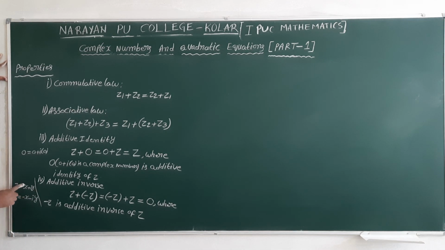While adding these two, -x + x cancels to 0, and -iy + iy cancels, so i into 0. We get the zero complex number. That's why, for any complex number, the negative of that complex number is the additive inverse of the given complex number.